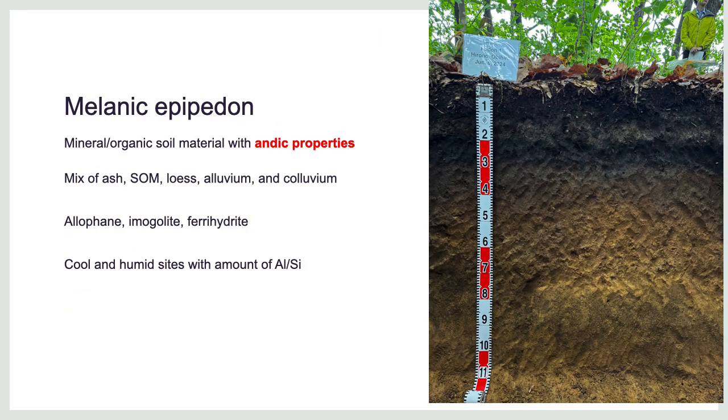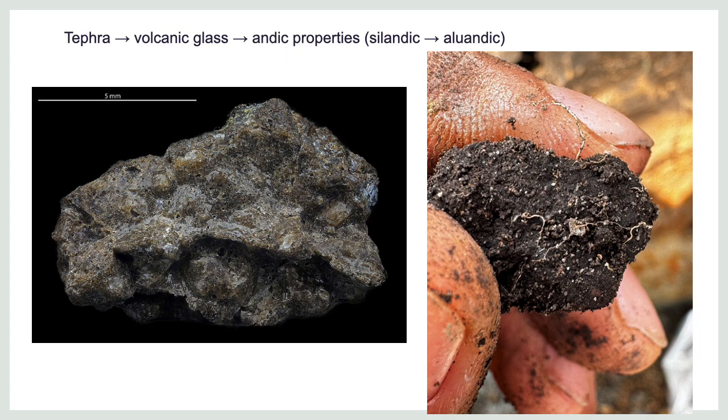For example, allophane is more related to aluminum, so we have these alluandic conditions, and in halloysite we have more silicon, so we have more silandic properties, okay? But both are inside the andic properties, okay? Both represent the andic properties.